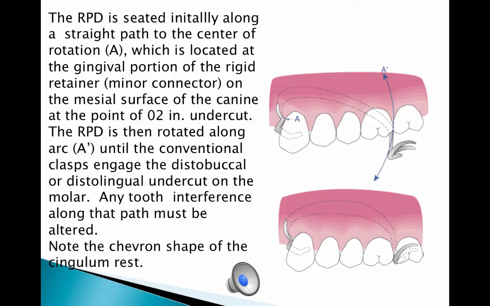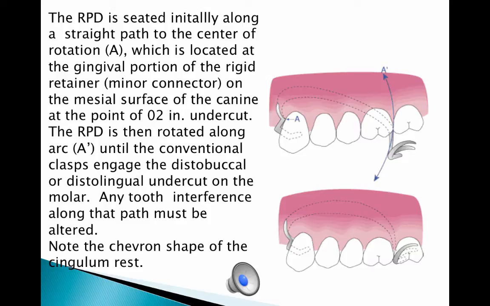In analyzing this on the cast, the RPD is seated initially along a straight path to the center of rotation, point A, which is located at the gingival portion of the rigid retainer. The center of rotation is on the mesial surface of the canine at the point O2 undercut.